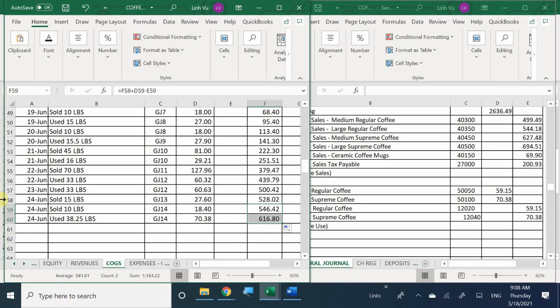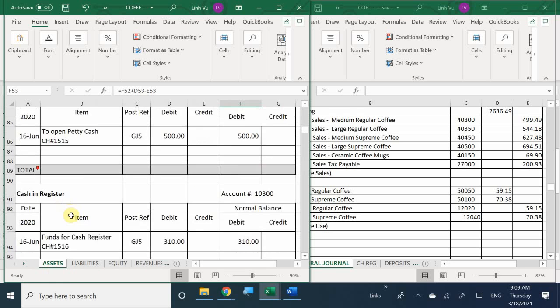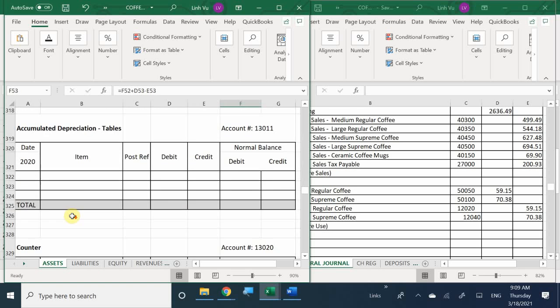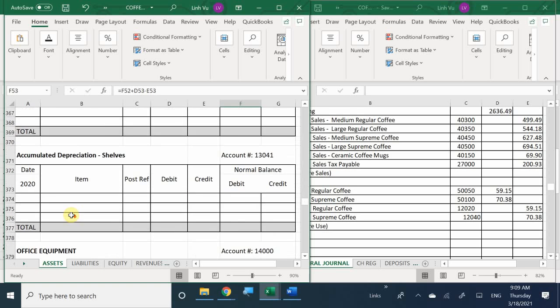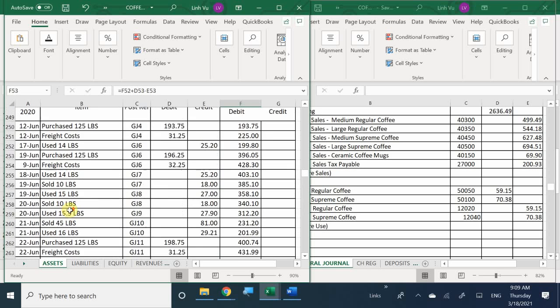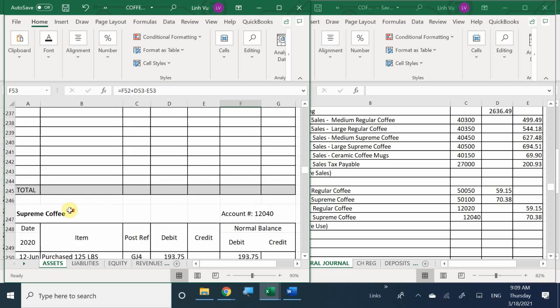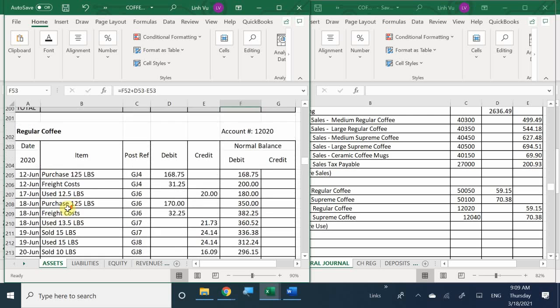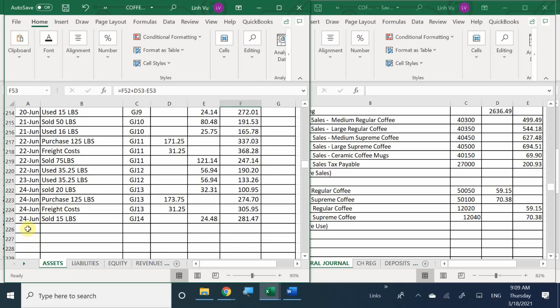Now we're going to update our inventory. Here we are. Regular coffee.